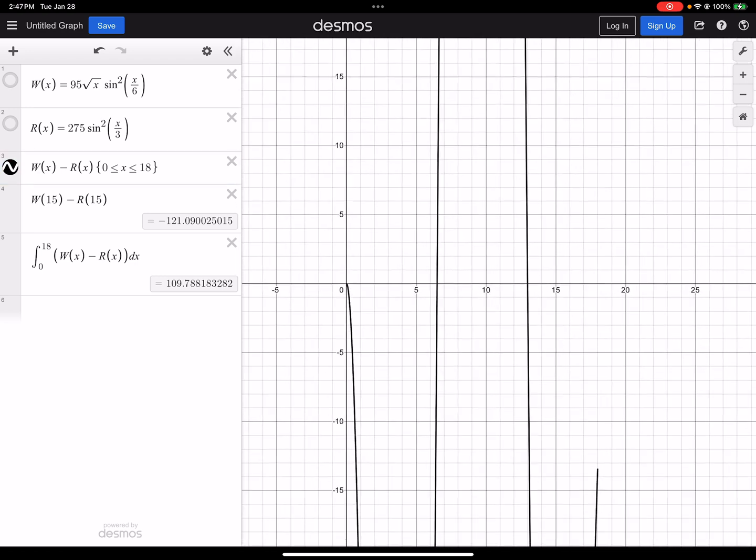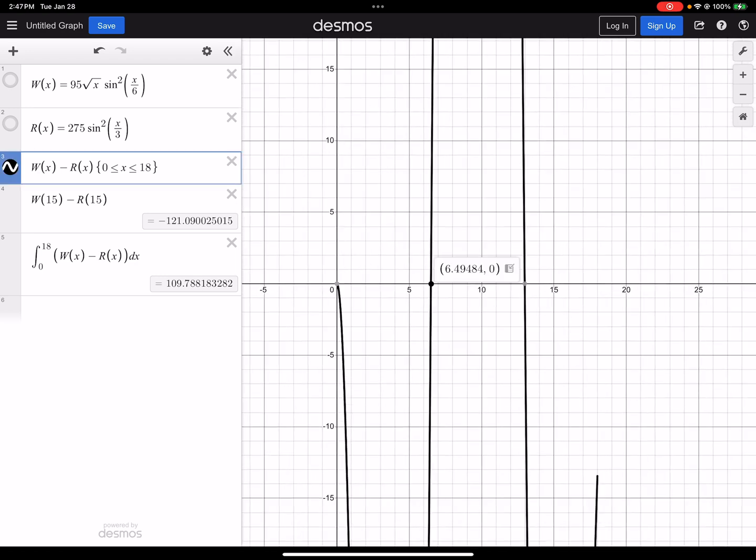So I could see that between 0 and 18, there are two critical numbers, 6.49 roughly and 12.97. I need to write those down, but I also want to pay attention right now, so I don't have to keep going back and forth, which of those critical numbers is a relative minimum or relative maximum. Remember, you're looking at the graph of the derivative.